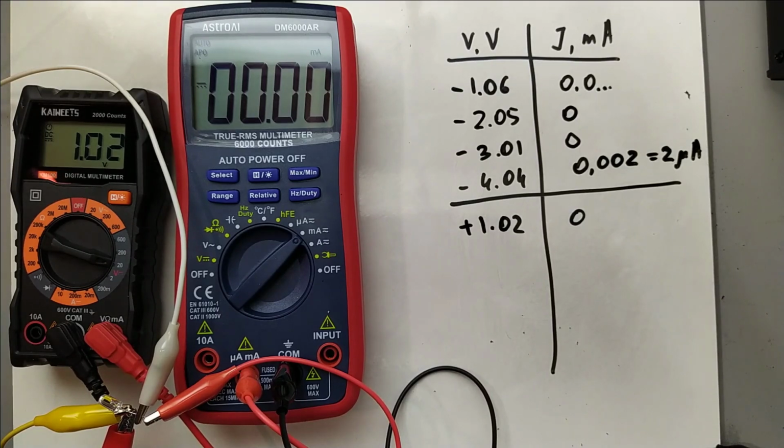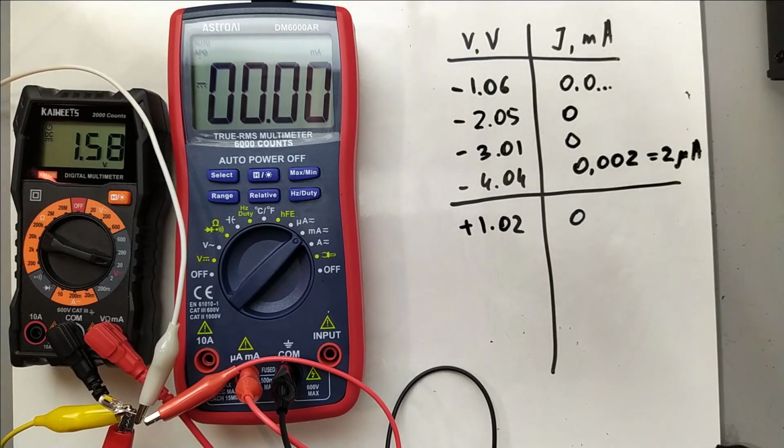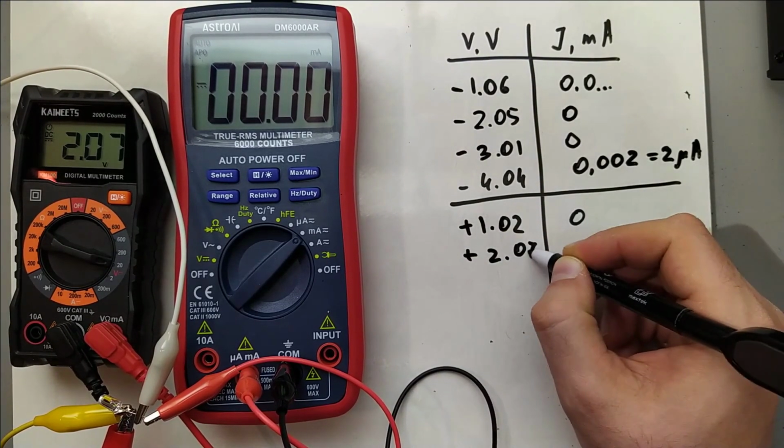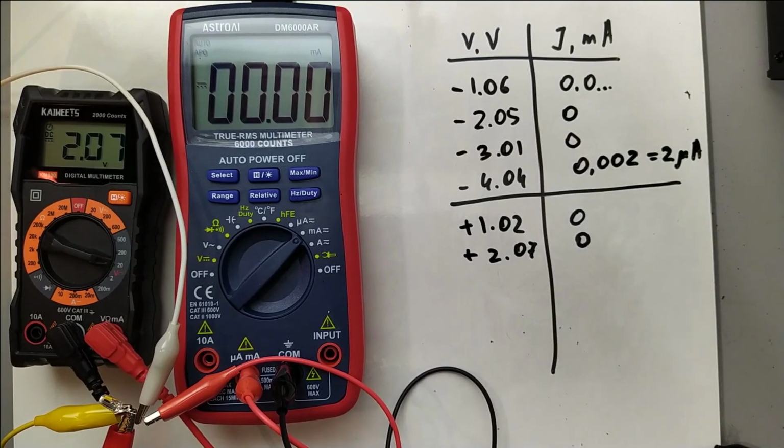Let us go to higher forward bias and see what happens. So here will be plus 2 volts, 2.07, and we still are at 0. Similar behavior as we observed at reverse bias. Okay, let's go to 3 volts.